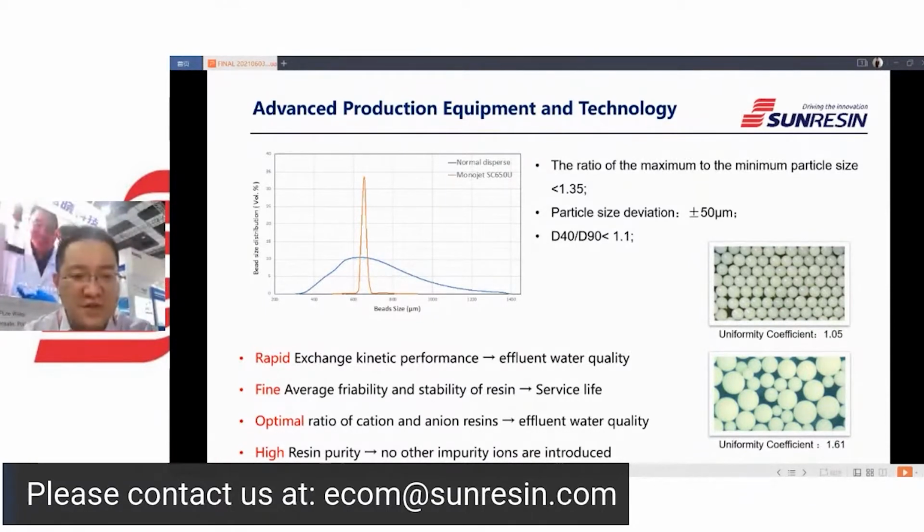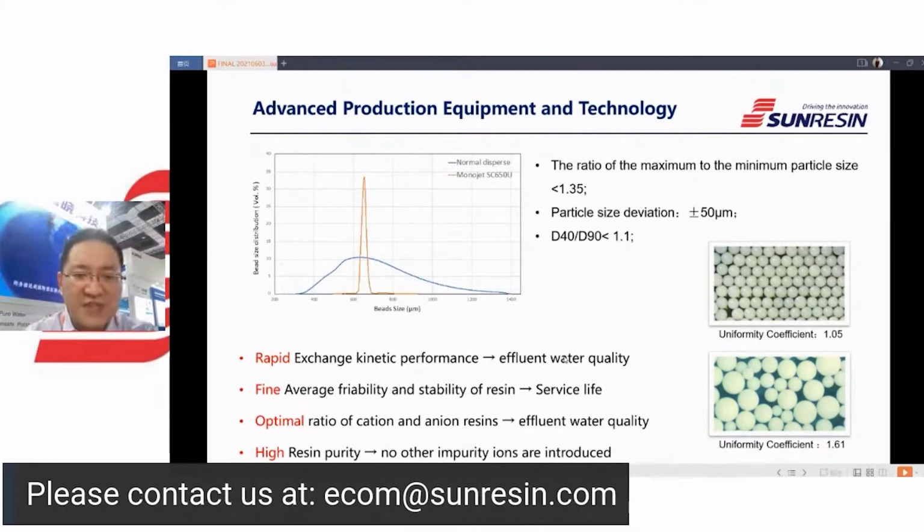Normal dispersed resin has a wide range in size from about 350 to 1,250 micrometers, while the Monojet narrow dispersed resin has a very narrow distribution. The ratio of maximum to minimum particle size can be lower than 1.35.